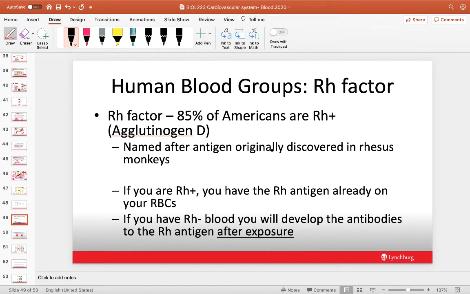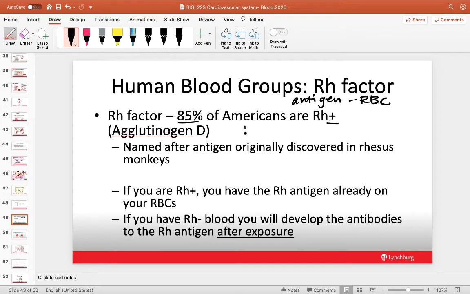There's one more blood grouping factor that we need to talk about, and this is Rh factor. Basically this is another antigen. Like I said, there were only A and B antigens, but there's actually one more that we're going to talk about, and that's Rh. This is another antigen that is present on red blood cells. About 85% of Americans are Rh positive.